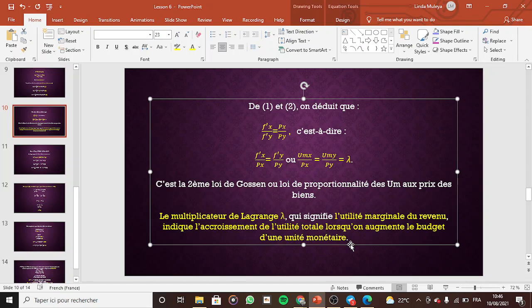So, it signifies the marginal utility of our revenue. It indicates how the total utility increases when we increase our budget by 1 unit. For example, you say 240 to 241. We see how our total utility will change once we increase our budget from 240 to 241. I hope that's clear.